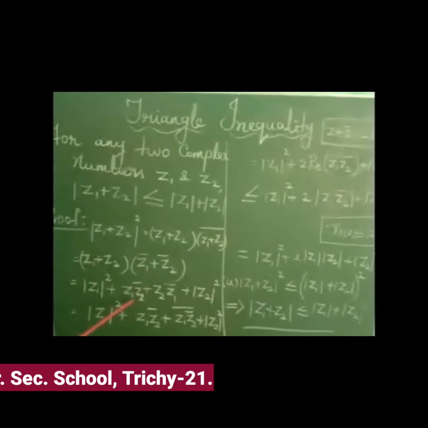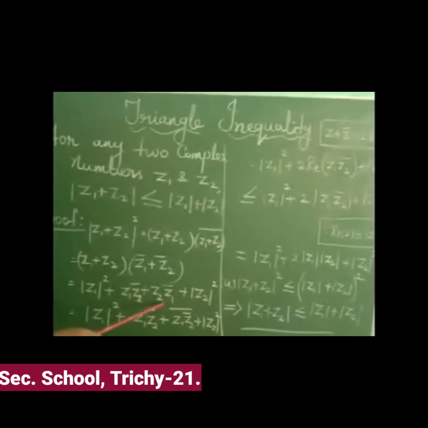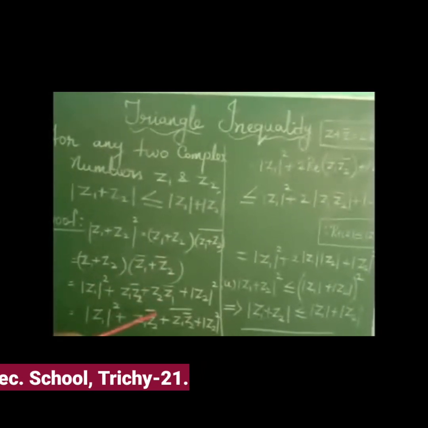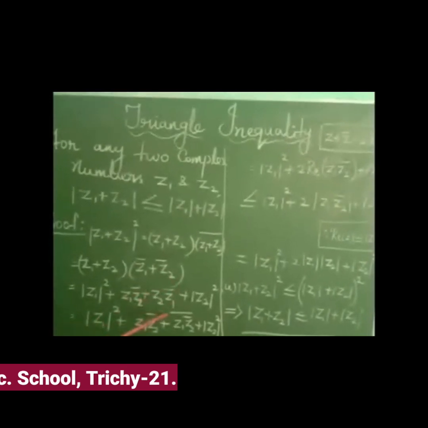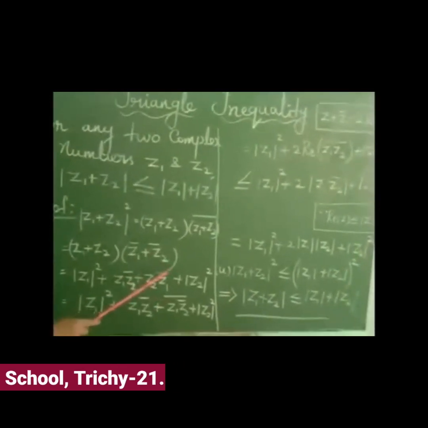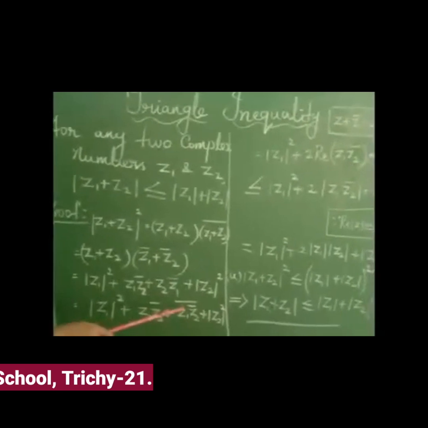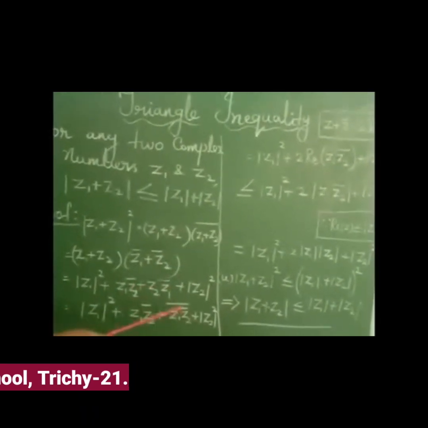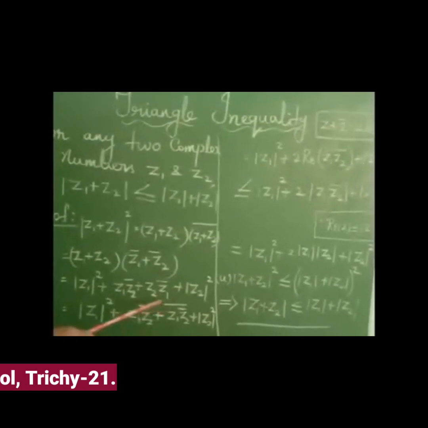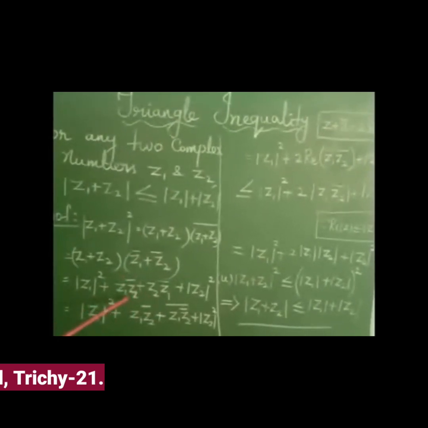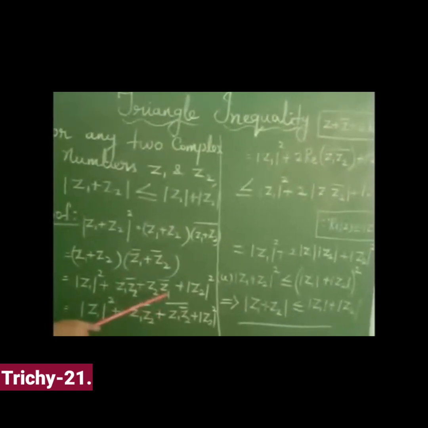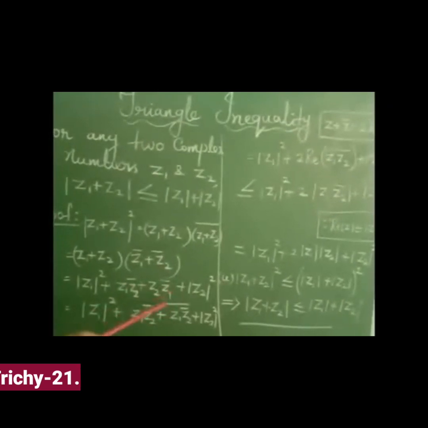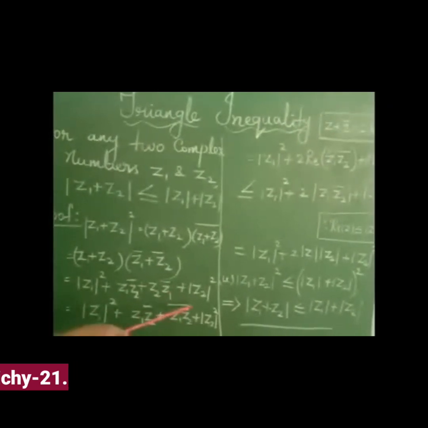The remaining terms you can multiply and write. Next step, to get the result, we modify the second term. We have studied z bar, the whole bar equal to z. So here we consider this as a single value, plus this also we write as z1 z2 bar, the whole bar.